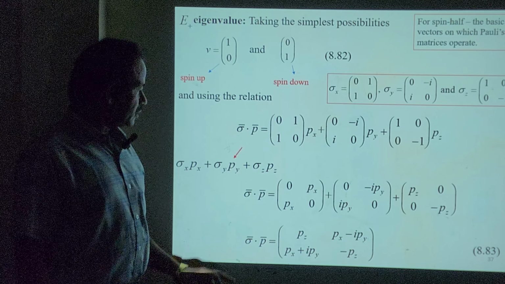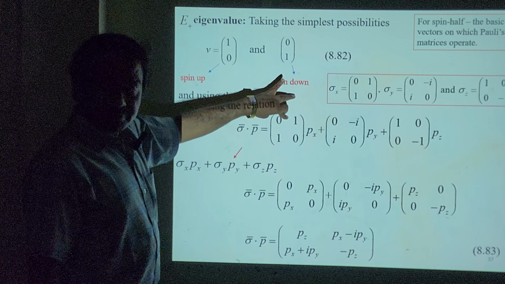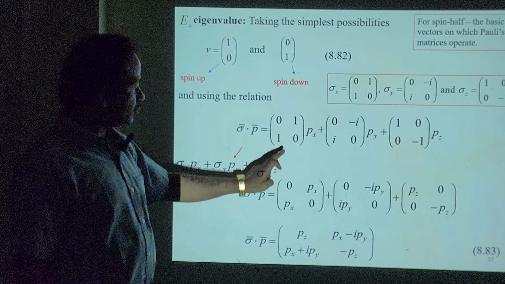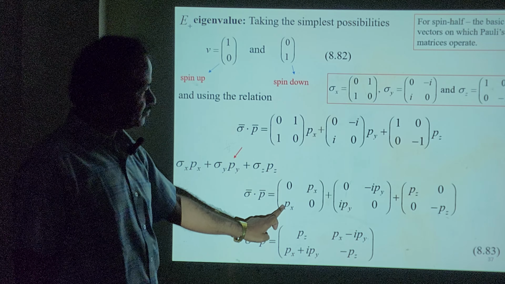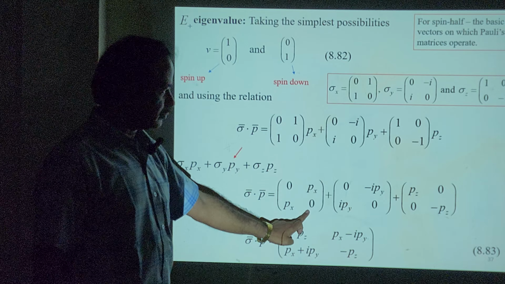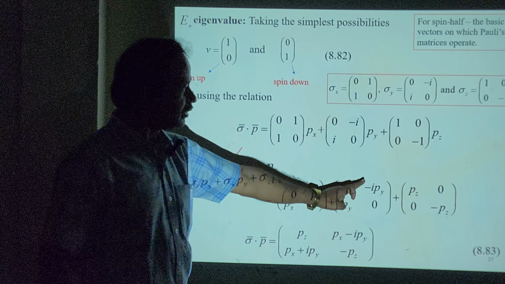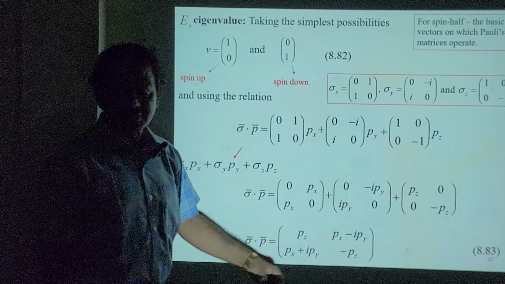Very simple one. So your sigma dot P is nothing but, now you multiply with Px, matrix multiplication. You will get exactly like this: 0, Px, Px, 0. And here also just include Py, here also just include Pz. So you add all the three.